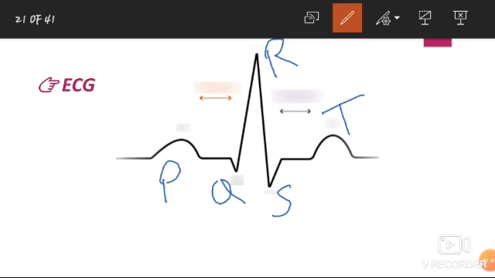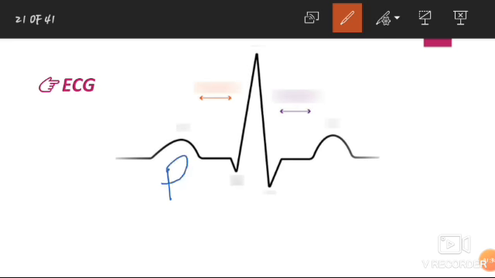So in standard ECG, P wave represents the electrical excitation or depolarization of the atria. I repeat, P wave represents depolarization of the atria, which leads to the contraction of both the atria.